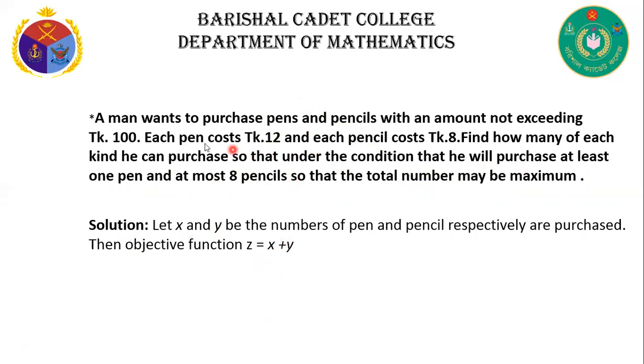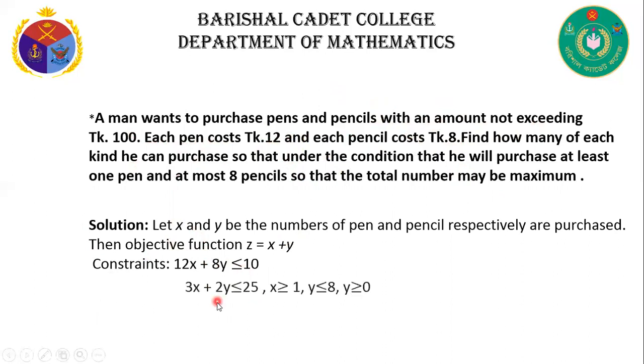Now the given conditions. Each pen costs 12 and each pencil costs 8, and the total amount not exceeding 100. That's why you can write 12x plus 8y less than or equal to 100.